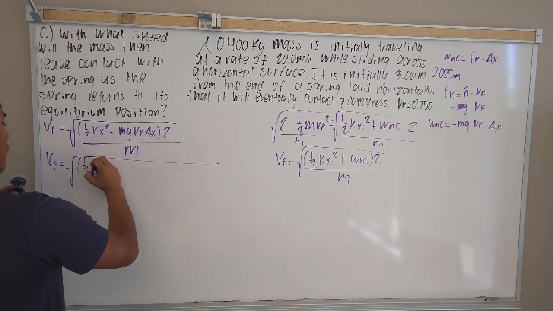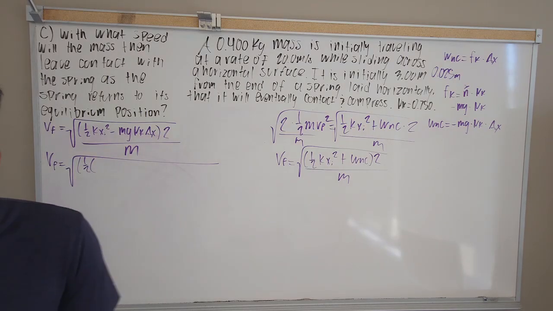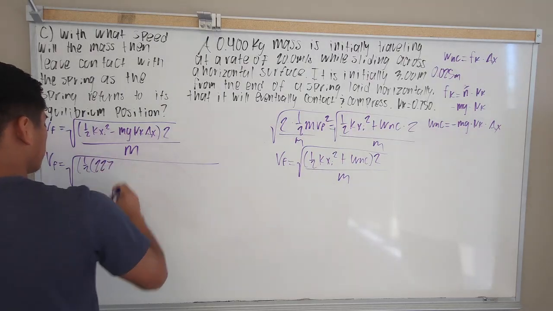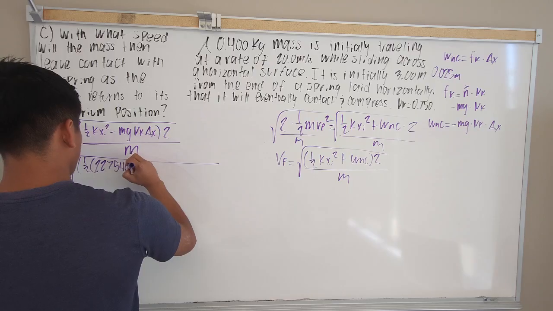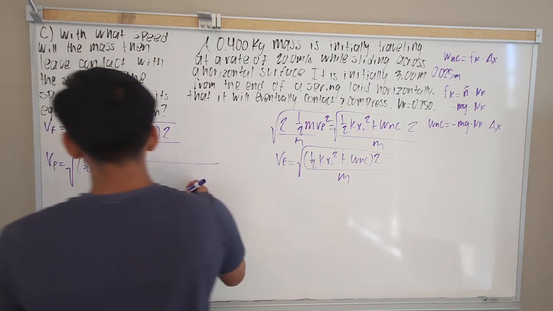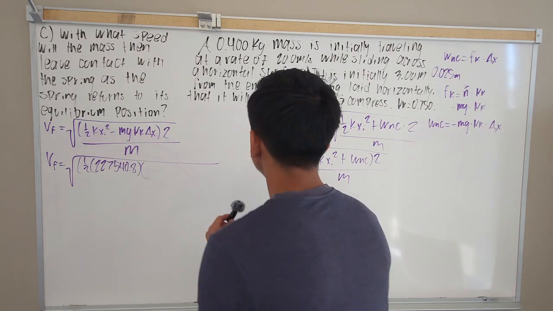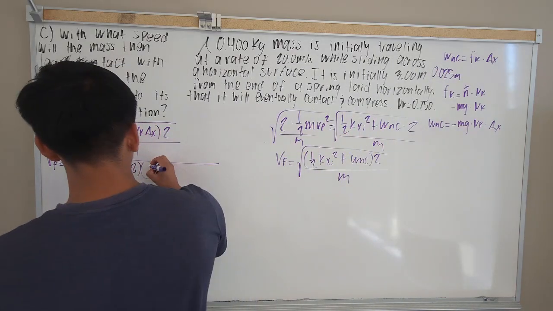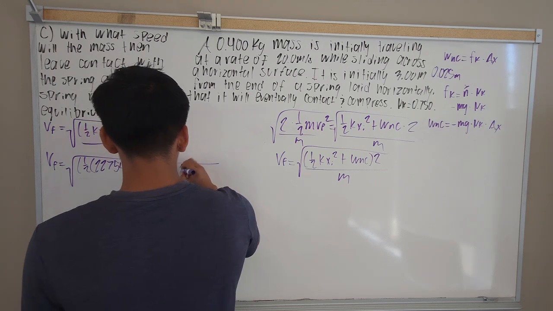So that's 1/2 k. We found k in an earlier problem, and that is equal to 540.8. K, and then x initial squared. Over here we know that it was compressed by this much, so 0.025 squared, minus mg.